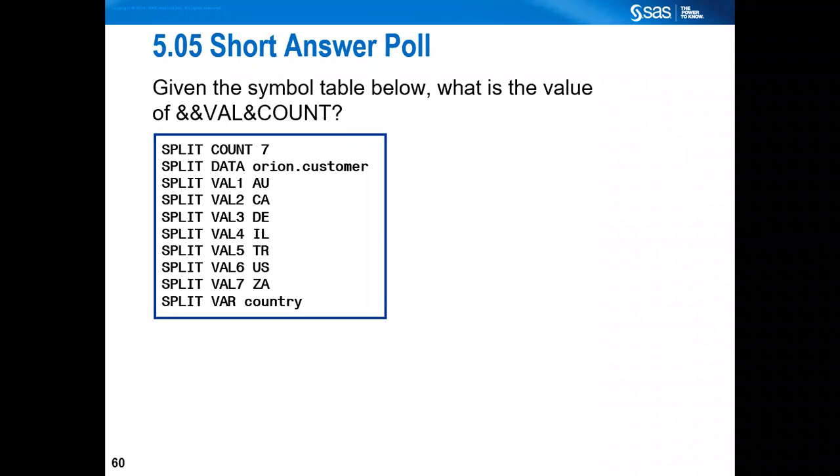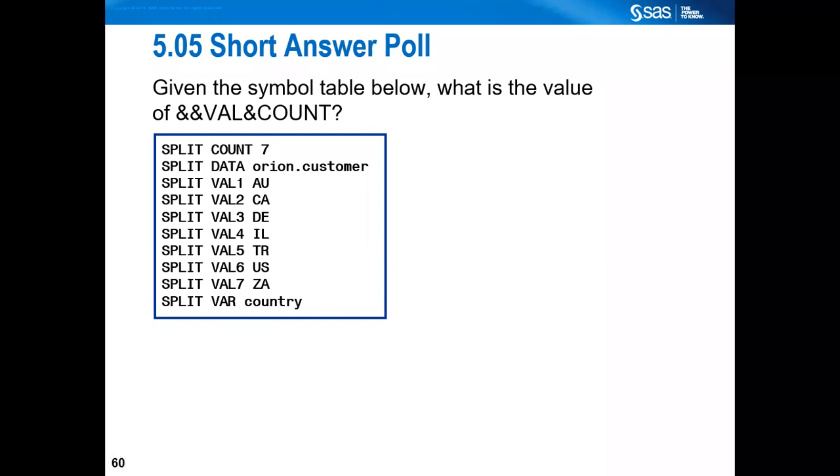Okay, so answer this. Given the symbol table below, what is the value of &&val&count? Which is value 1 AU, value 2 CA. No, it's telling if you write a macro variable &&val&count, on resolving, what will be its value?